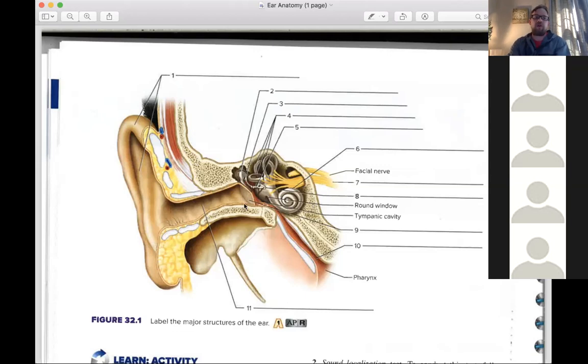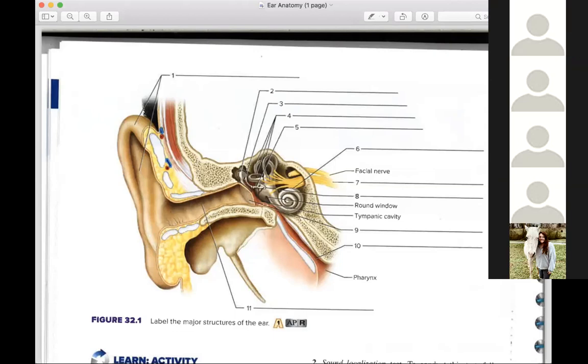So the auricle, along with the external acoustic meatus, what are they for? I understand maybe you didn't look up the function, but just look at the shape. What do you think that part of the ear is for? Anna? Repeat the question again, I'm sorry.